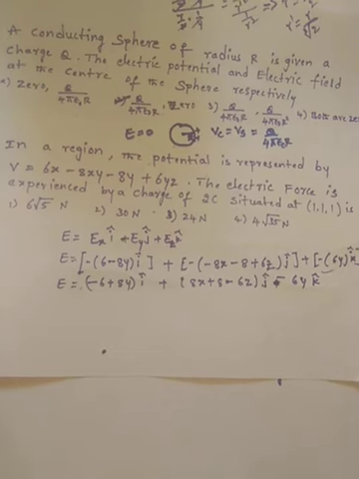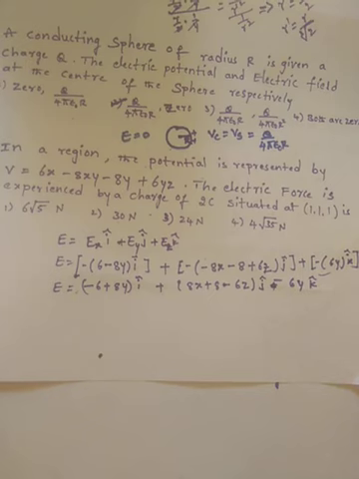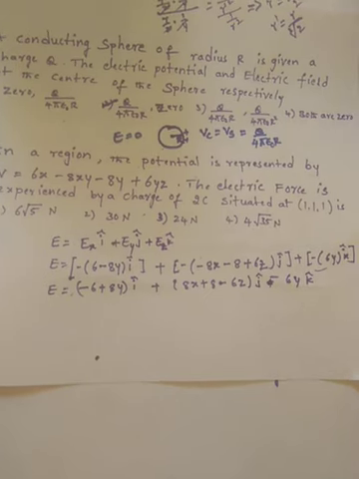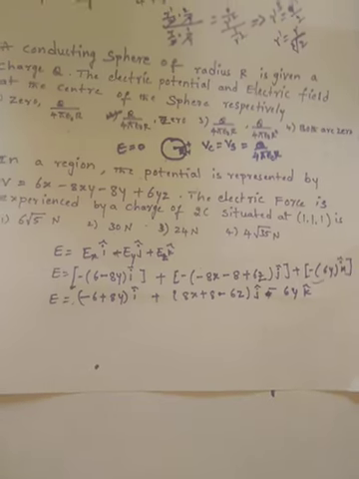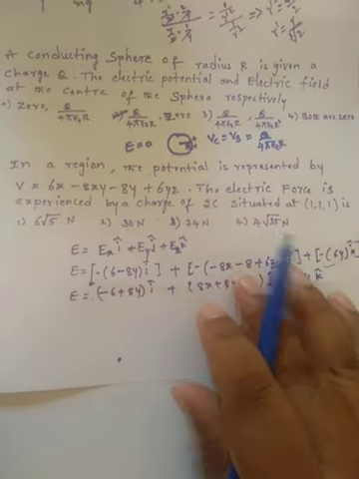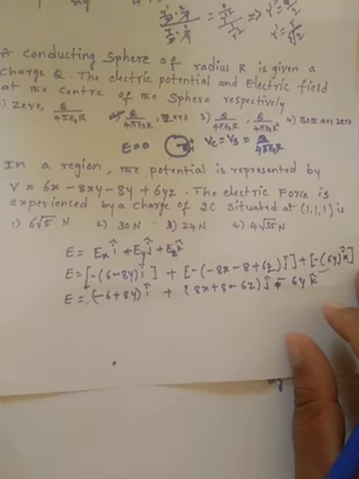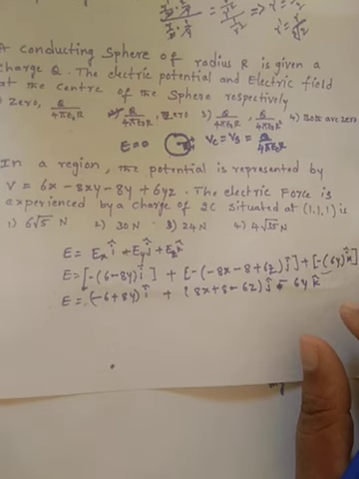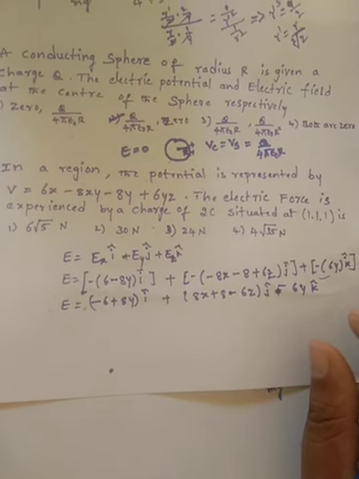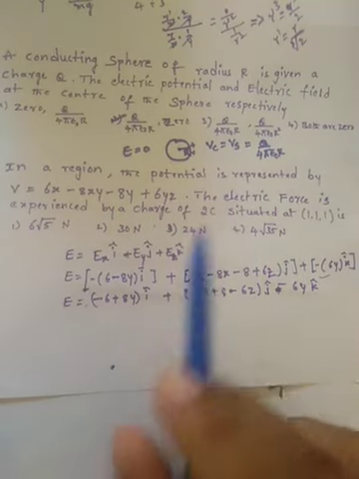What is the electric force experienced by a charge of 2 coulomb situated at (1,1,1)? In past questions they asked only for the electric field. Here they asked for the force which is experienced by the 2 coulomb charge in the given electric field.